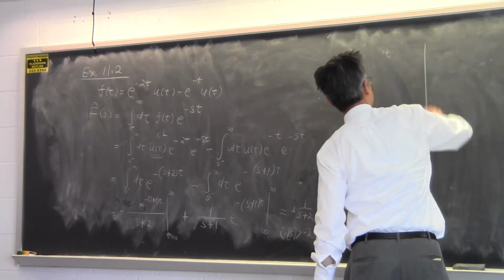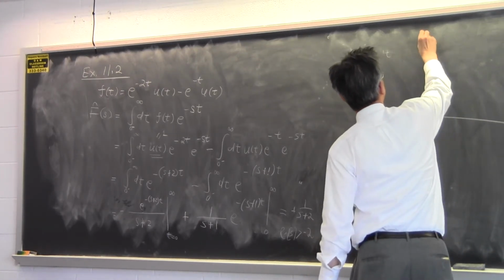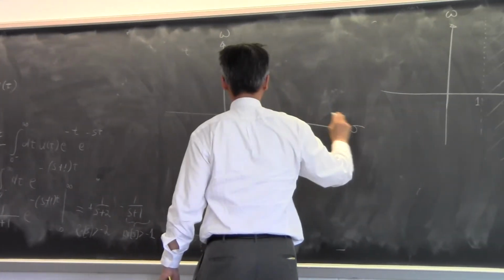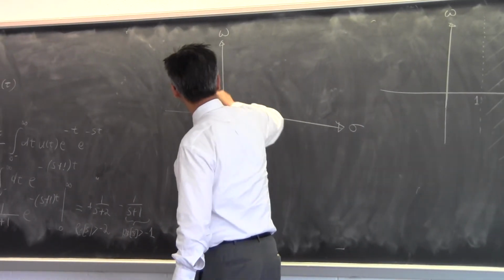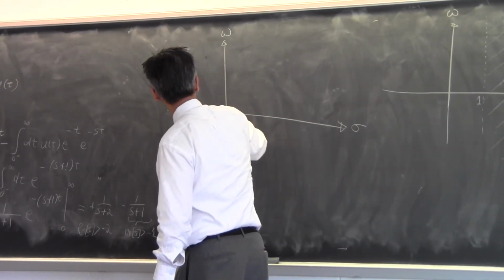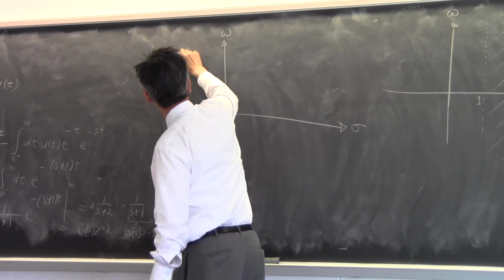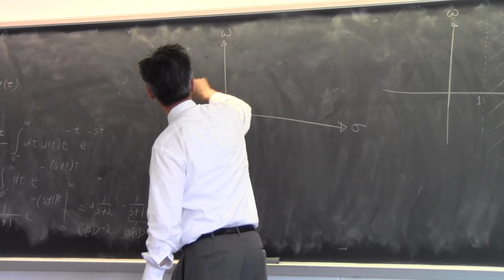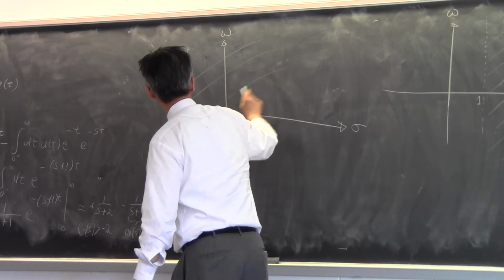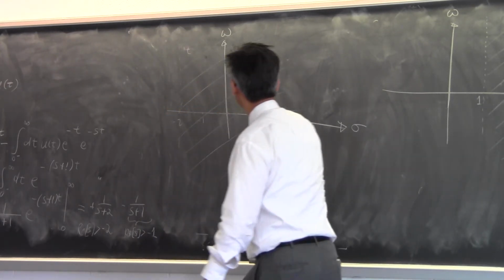So if I were to sketch it, I will put omega, I will put sigma over here. Then the first term has an ROC, if this is minus 1, this is minus 2, that looks like that.